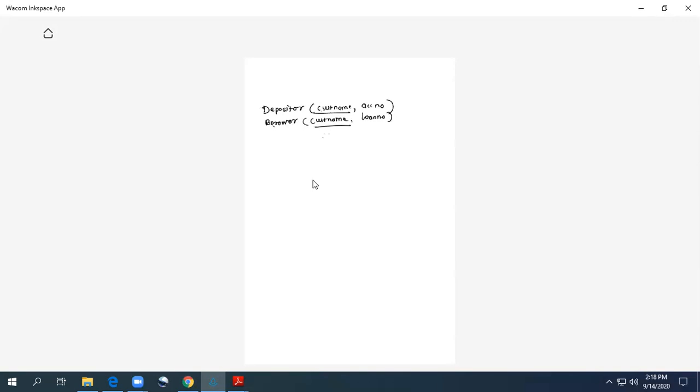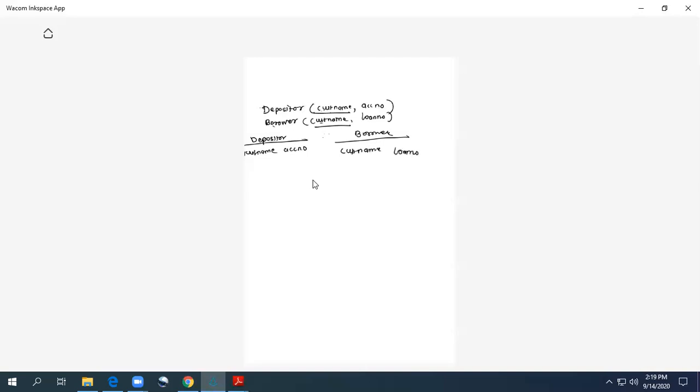So assume there are some records in these two tables. In the depositor table, two fields are there, that is customer name and account number. Then in the borrower table, also two fields are there, customer name and loan number.